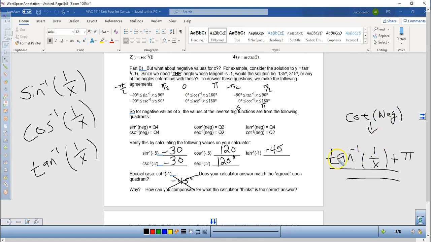So we do tangent inverse like we normally were doing. That's how we got the negative 45, but we add pi to it. We do this because it's going to do a phase shift between where the cotangent and tangent would be.